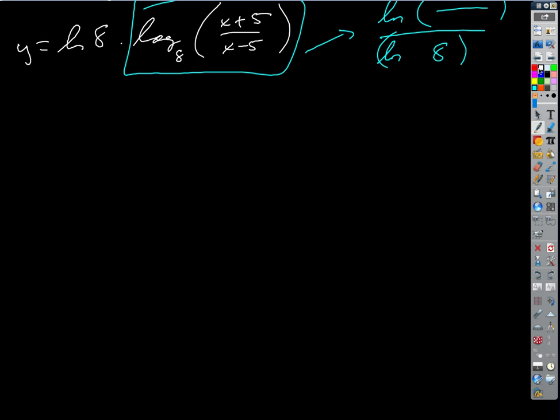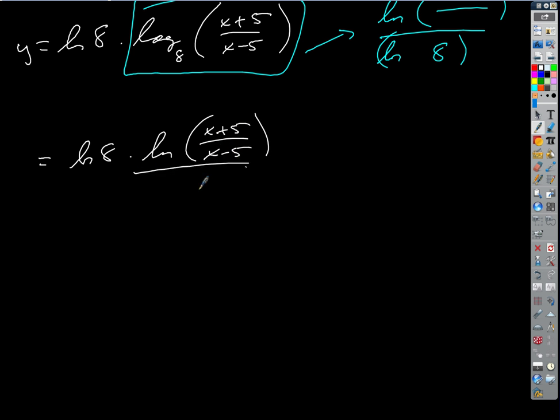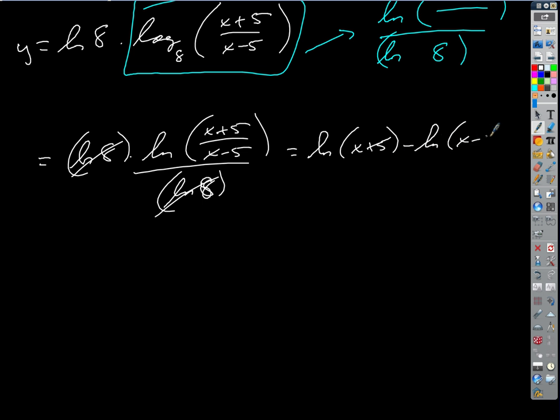So we end up then with, let me write this out. Those guys cancel, right? And then now we can split that up into a natural log of x plus 5 minus a natural log of x minus 5.